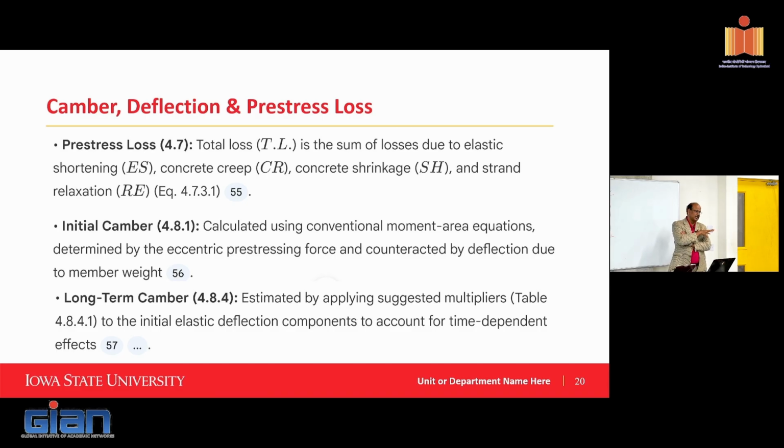Losses have different components. The initial losses, then you have time-dependent behavior of concrete like creep and shrinkage, and thermal effects. Those things will continue to cause losses, so that's something you should pay attention to in your calculations. With precast operations, we talk about the construction, erection phase, and service limit state, and then the ultimate.